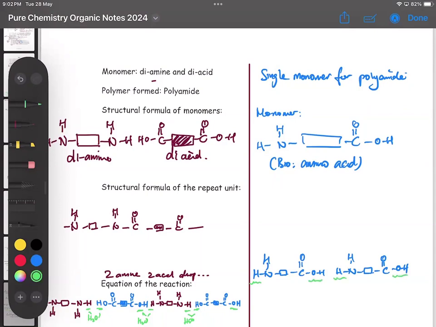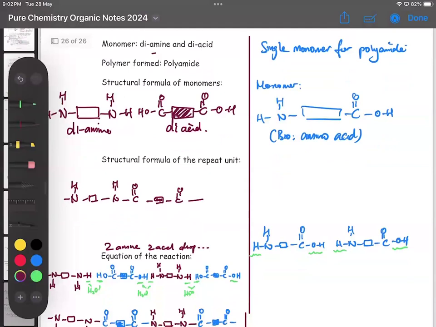So drop the same thing, and eventually you will get this as your repeat unit. Again, because we only draw two only, so this one becomes the repeat unit naturally.